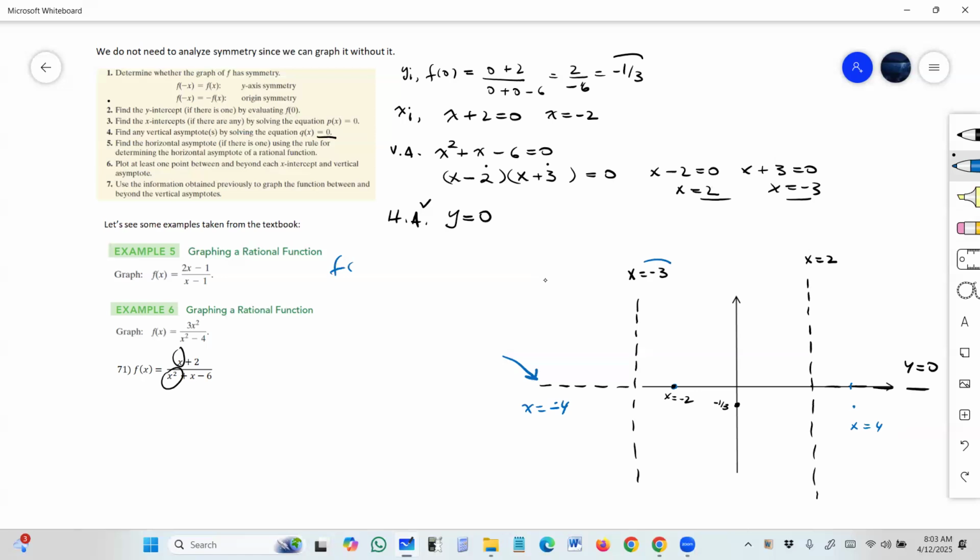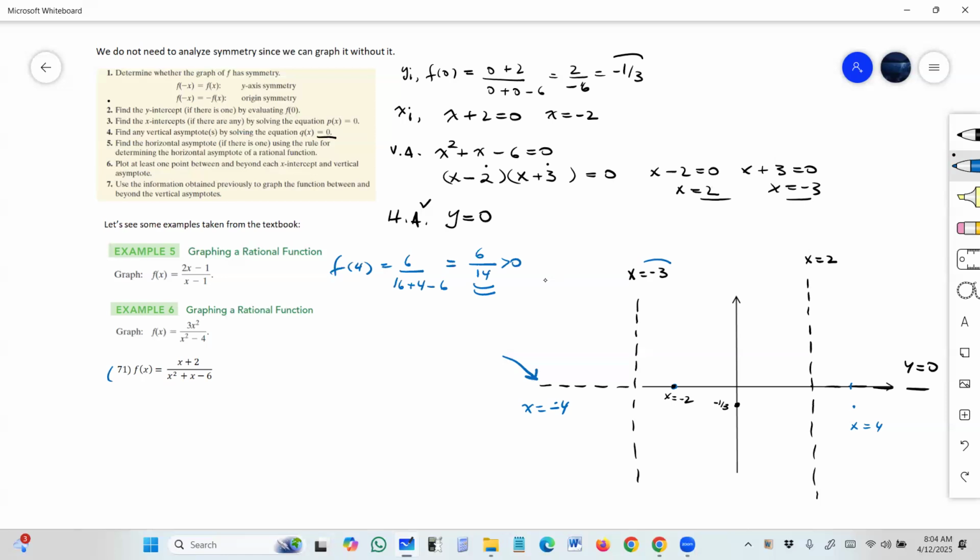So let's find the value of the function at 4 and then -4. Okay, so here's my function. So 4 plus 2, 6. And then I have 4 squared, 16, plus 4 minus 6. So I have numerator 6, and I have denominator 14. All right. Now, all that matters is that this value is positive.